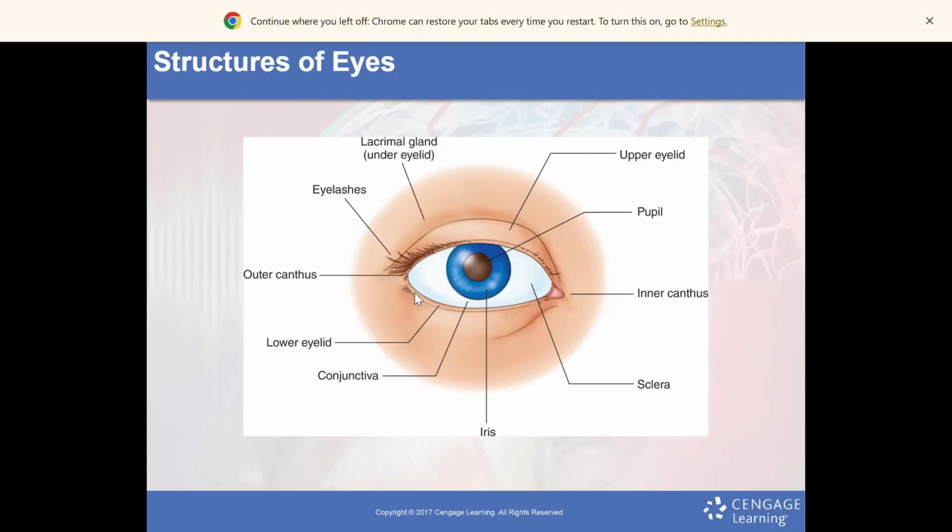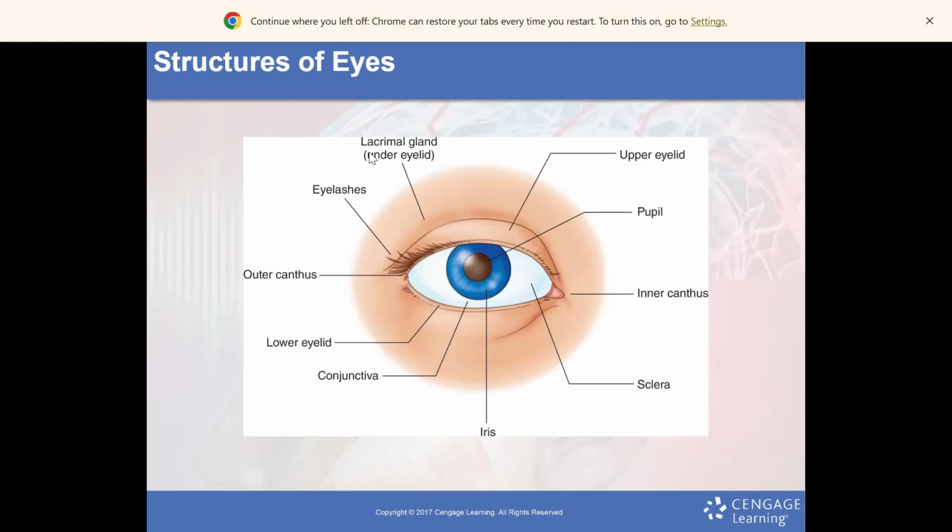When you look at the anatomy here of the eye, you have the white of the eye known as the sclera. You have this conjunctiva membrane that kind of surrounds the eye, or the eyelid here. And then, of course, you have the colored part of the eye known as your iris, and the hole within the iris known as the pupil.